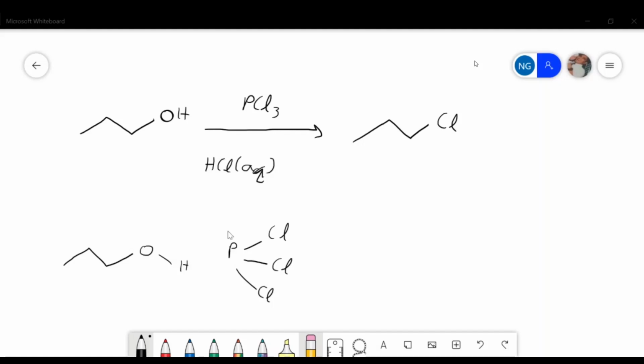Let's think about it. And phosphorus can also expand its octet. That's another clue for what happens in the first step.